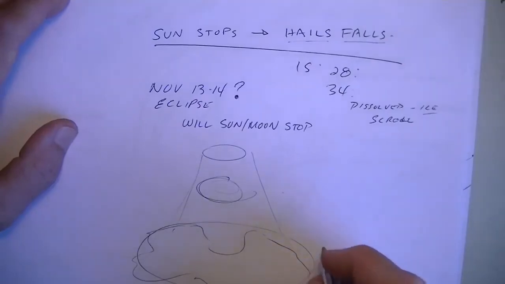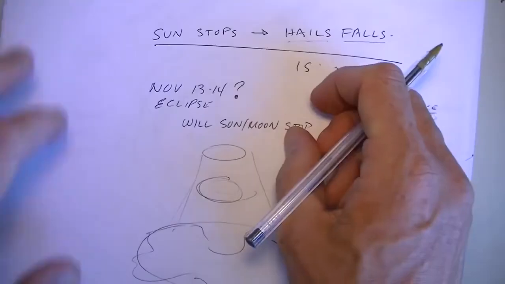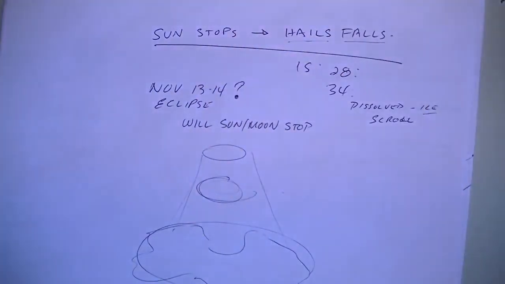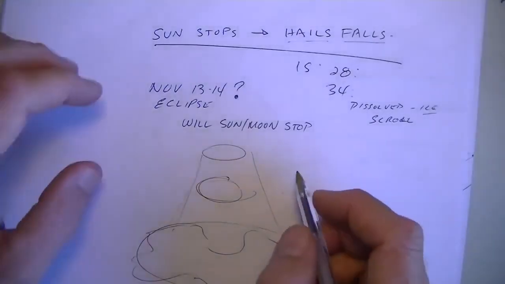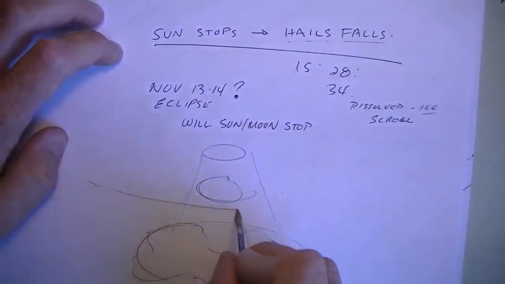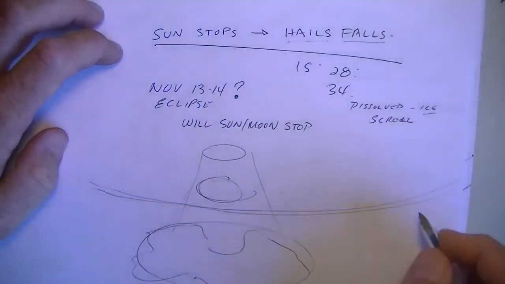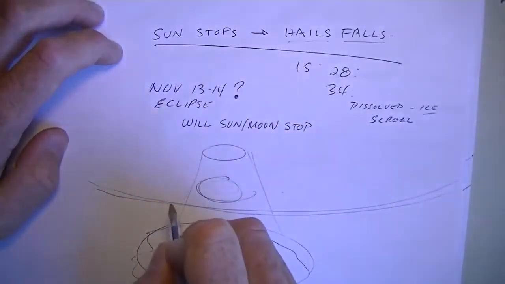In the book of Zechariah, it talks about a day where it's actually not day nor night. Something's going to happen. Okay? Here's the glass sky, right? Here's the ice, right? Say the sun stops.